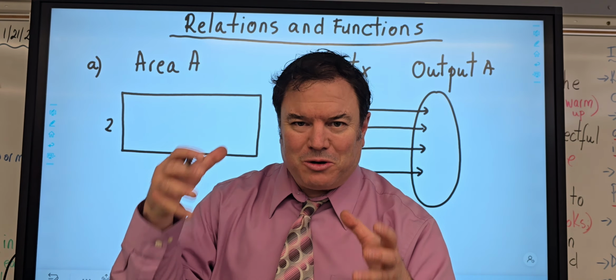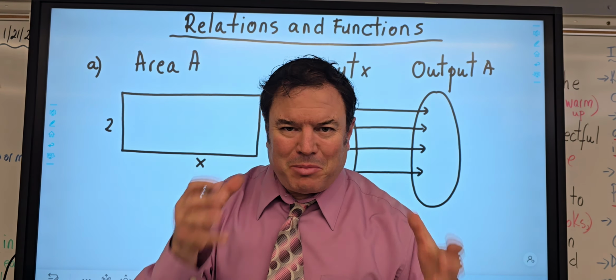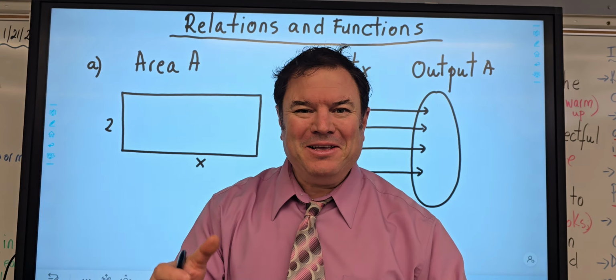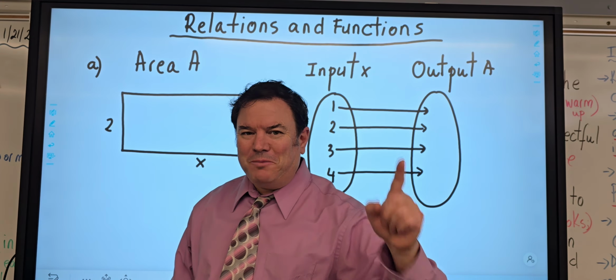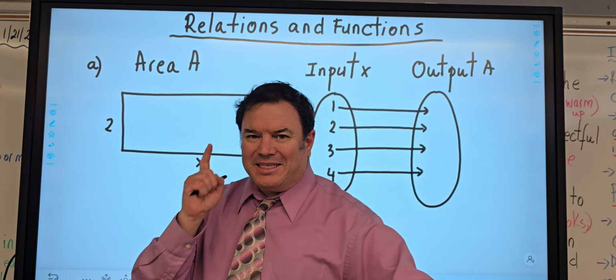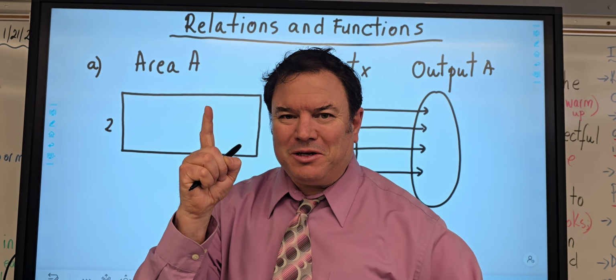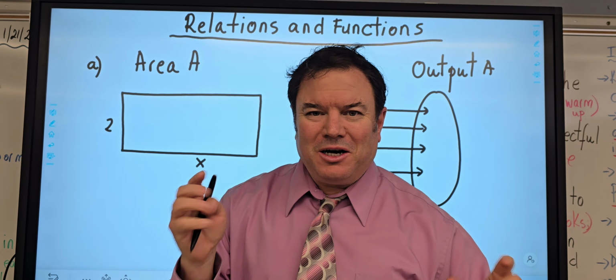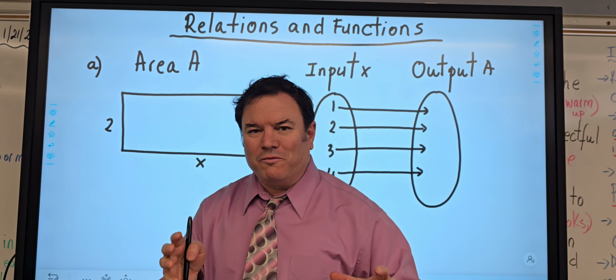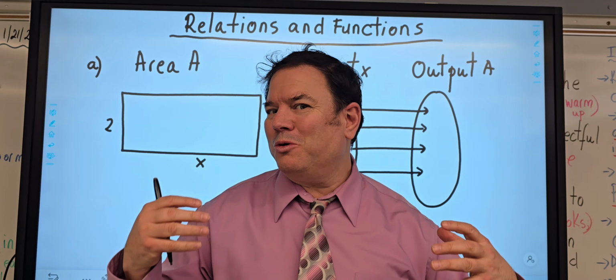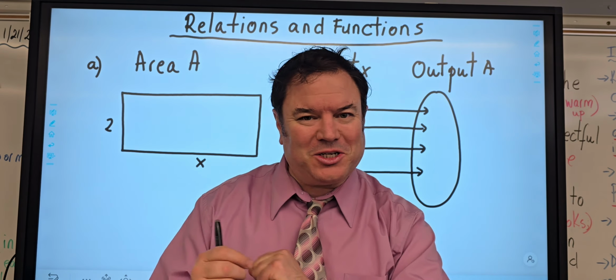You are going to get the bottle of water, okay? So remember that for each input, the dollar, there is exactly one output. Very important when we solve functions and when we identify functions.